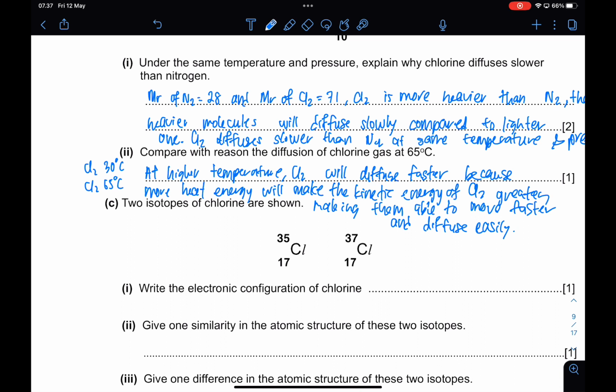So everything you have learned, you just need to put it in words and use the proper terms to answer.